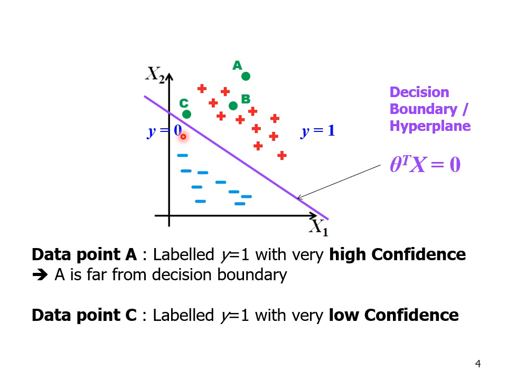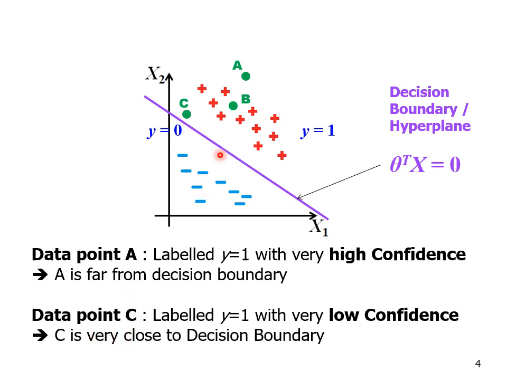So, we may say that data point C is labeled as y equal to 1 with very low confidence, and the reason is C is very close to the decision boundary, and a small change in the decision boundary may change this result for data point C. So, low confidence. Hence, we are much more confident about our prediction at A than at C.